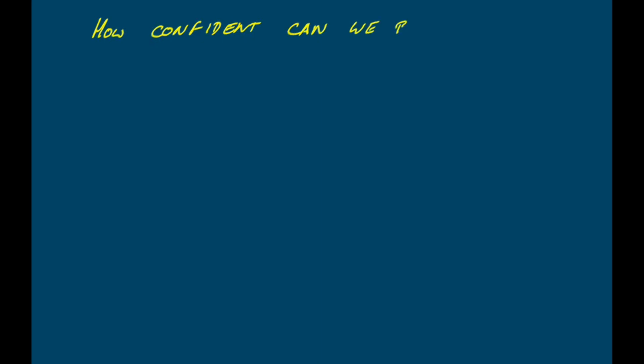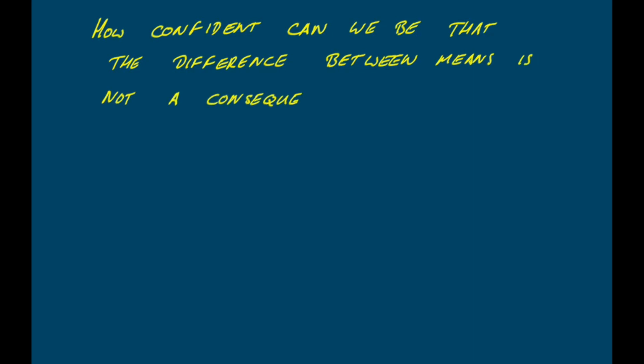So even though we've visualized our data and we've looked at the confidence intervals for each mean, we still don't have a good feeling as to how confident we can be that the difference that we've seen between these means is not a consequence just of sampling error.